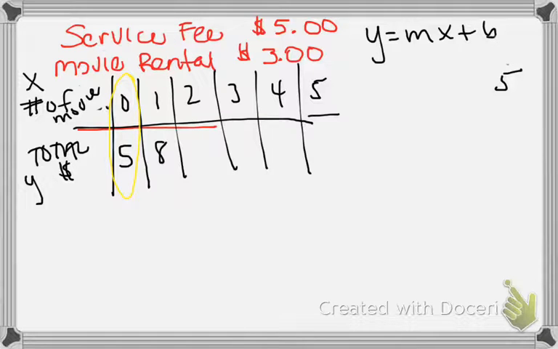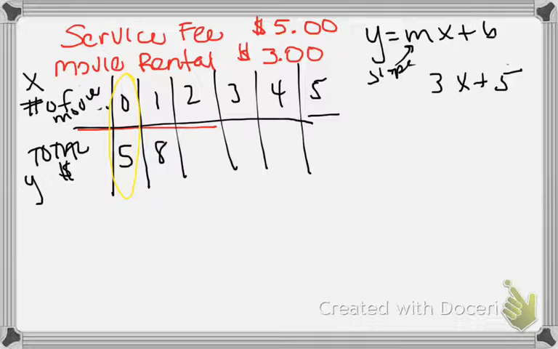My x will stay the same. The m represents my slope, otherwise, what's my rate, like how much I'm being charged each time. My slope here is $3. So I'm being charged $3 for each video. X is going to represent the videos.